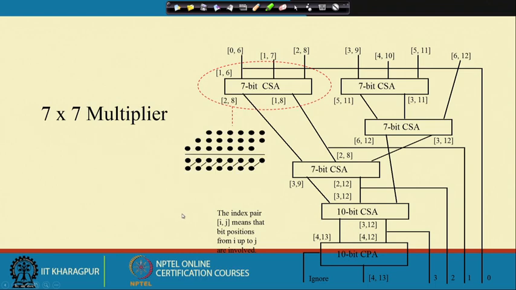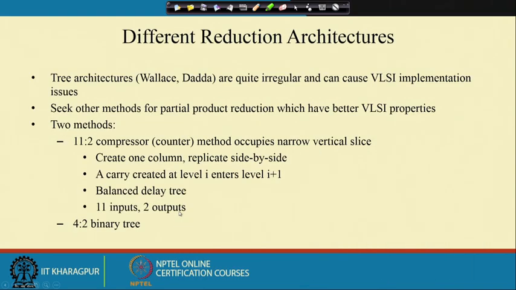Okay. So in the tree reduction method, what I find is that the corresponding methods are very much irregular. Somewhere I am using a full adder, then a half adder; the structure is not that regular.